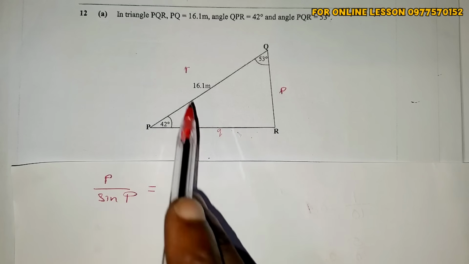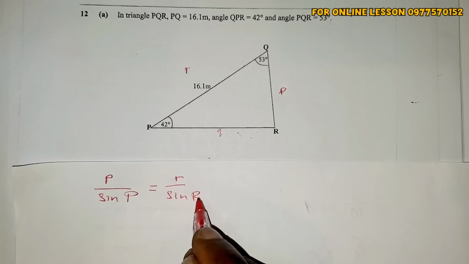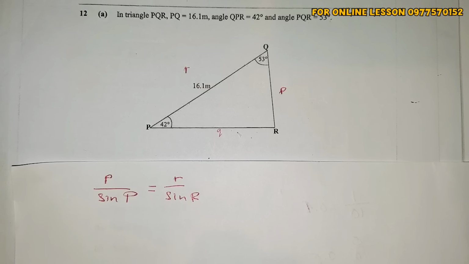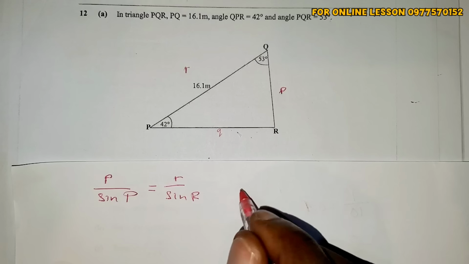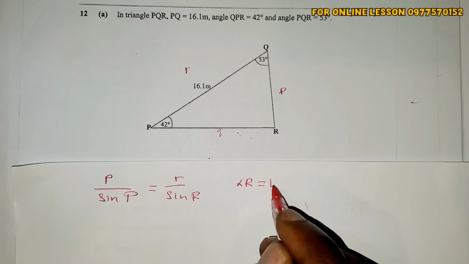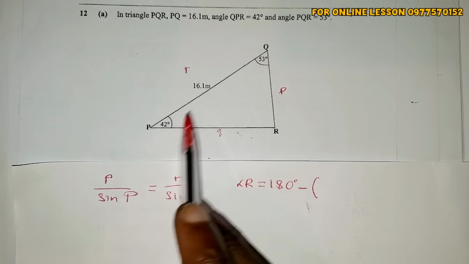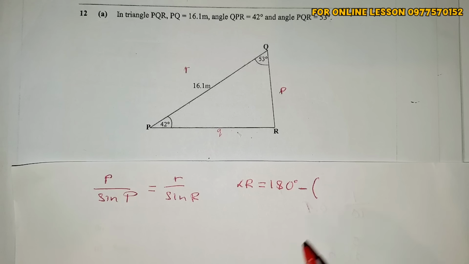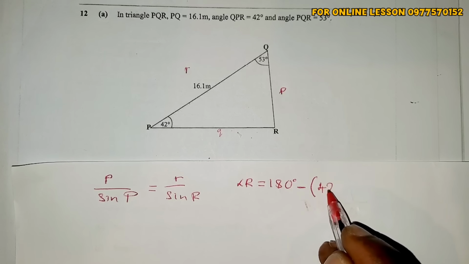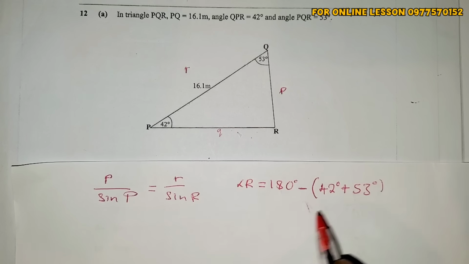So let me complete the formula. Side is r over sine what? Sine r. Are we together? All right. So first, let's find angle r. Angle r is equal to 180 degrees minus the sum of these angles, minus 42 degrees plus 53 degrees.